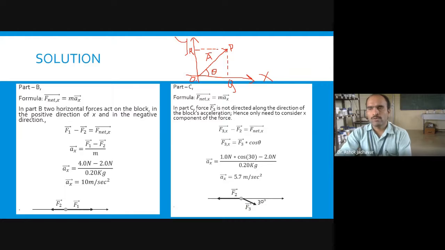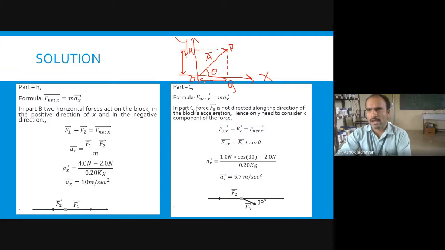So what I told you is that this vector has two components. One component along the x-axis, and this will be the second component.